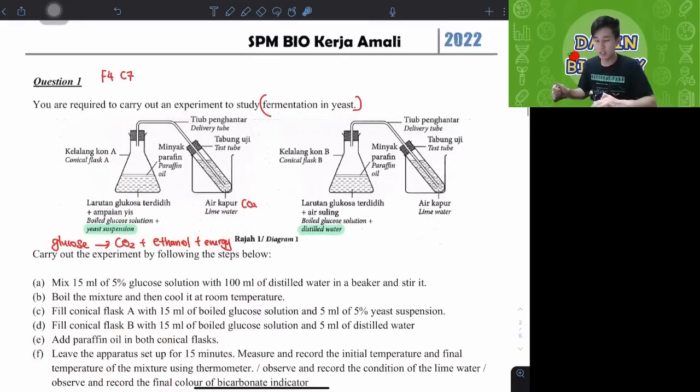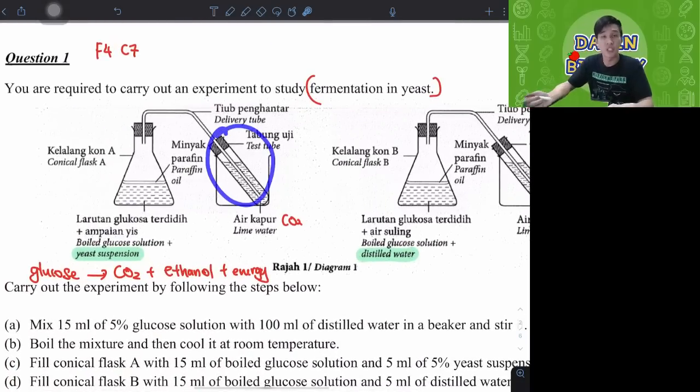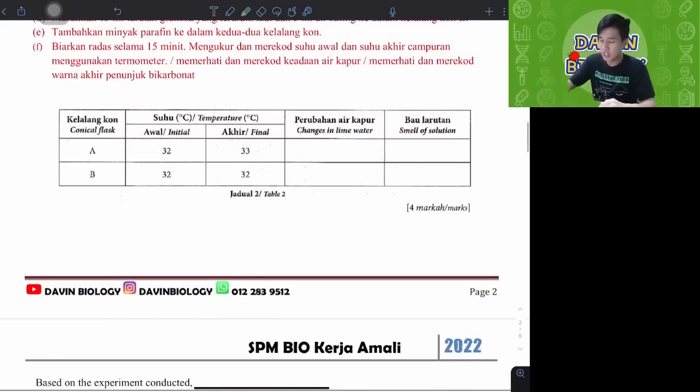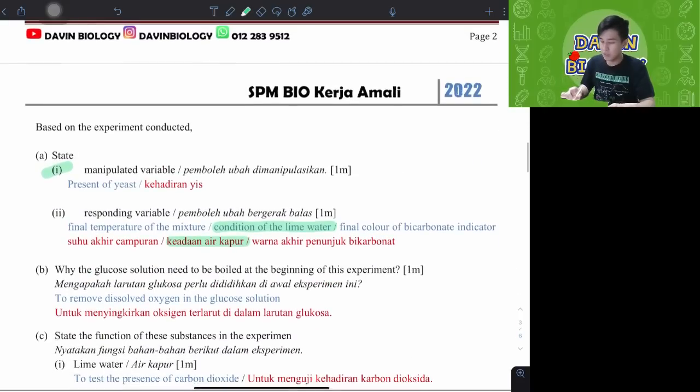So instead of lime water, they will put the bicarbonate indicator over here. If there is fermentation, this should turn yellow. So your responding variable is the final color of the bicarbonate indicator.